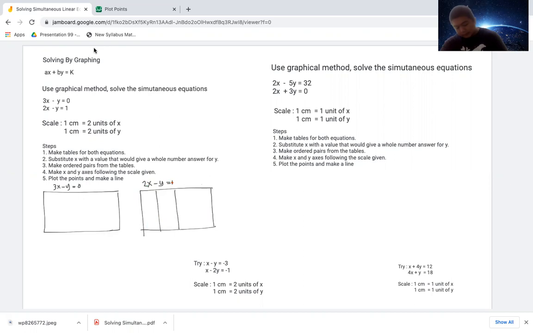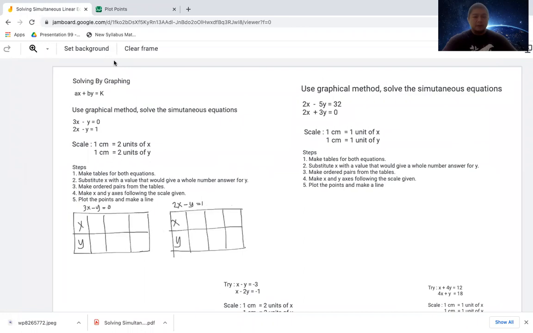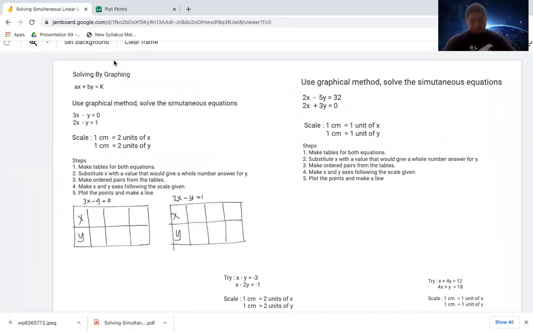Now, the next thing that you're going to do is to make four columns and 2 rows. So it was done there. The same thing is what you are going to apply for the next one. And on the first column, you are going to put the variables x and y. Okay. So from here, you are going to reformat this particular equation.